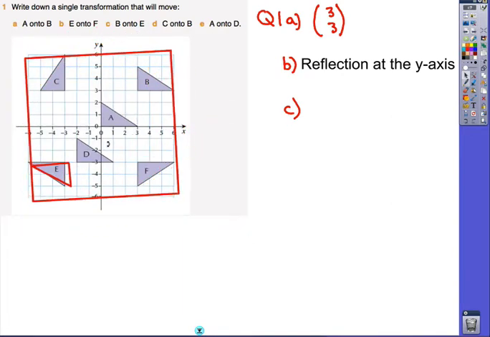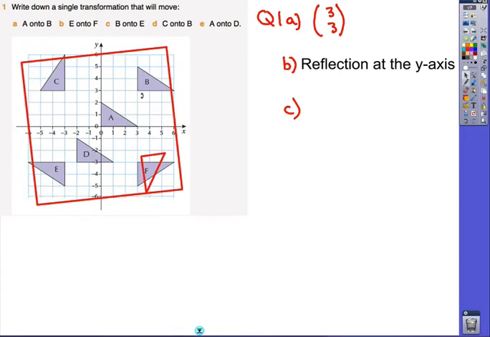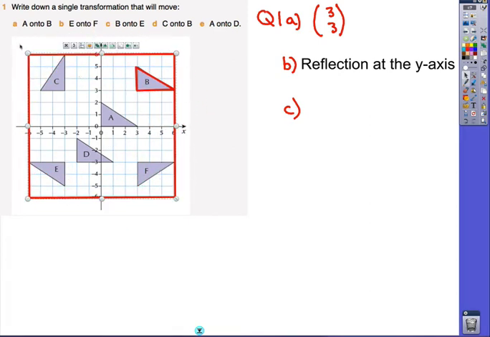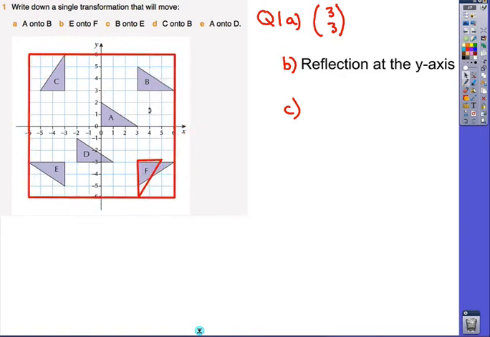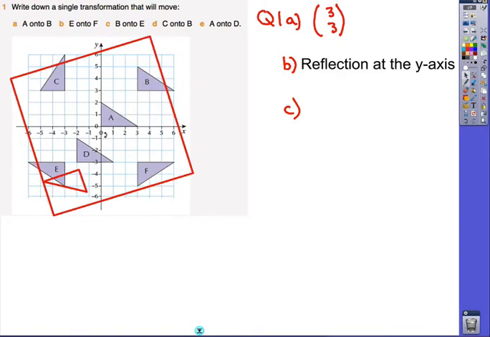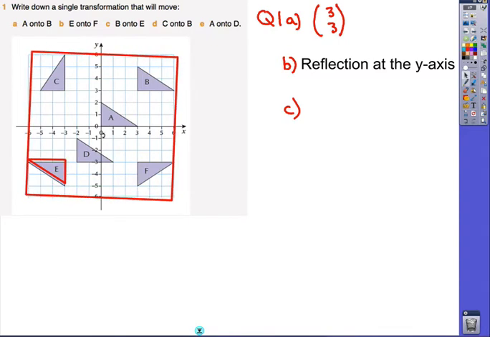It is a rotation, it's been rotated. Look at our square. Our square has been rotated 90 degrees, and one more 90 degrees is 180 degrees.